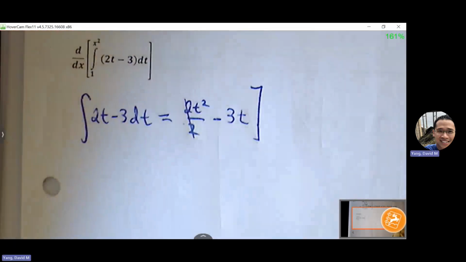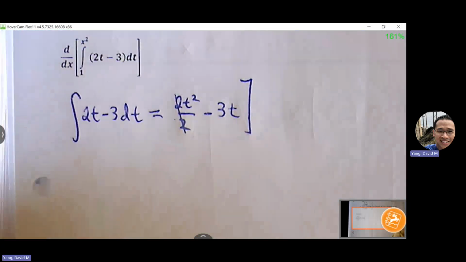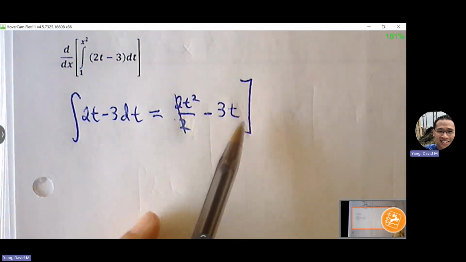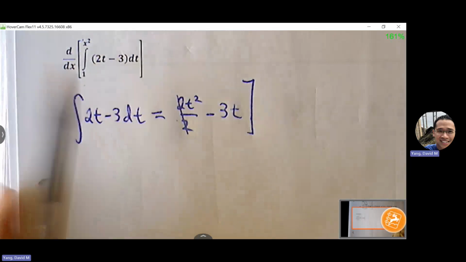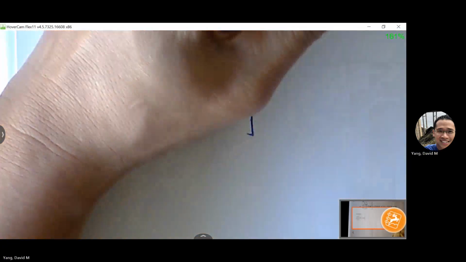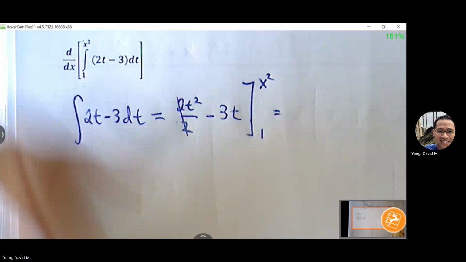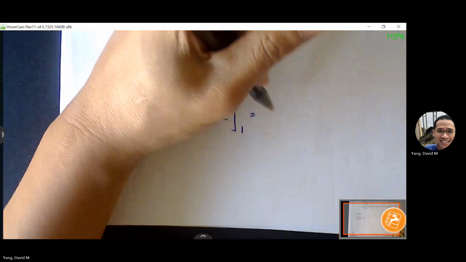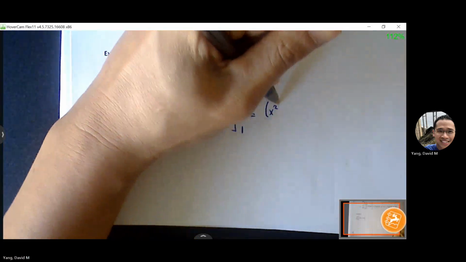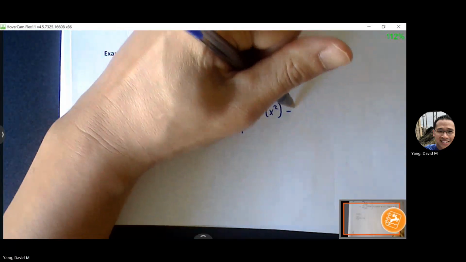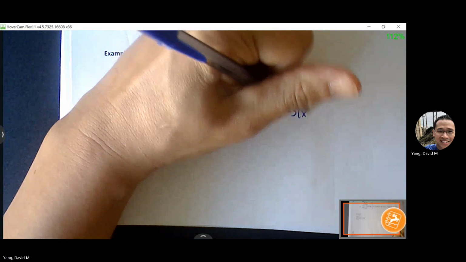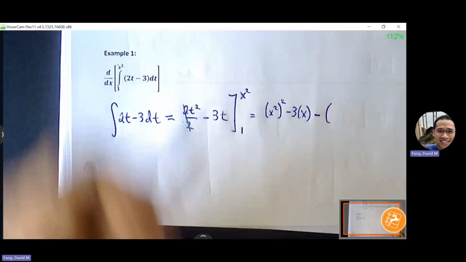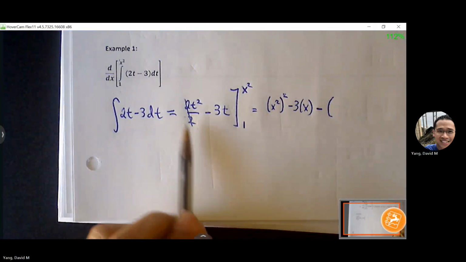Okay, now that you have your general antiderivative, you can plug in your upper and lower bounds. So x squared and 1. Upper bound into t first, minus the lower bound.